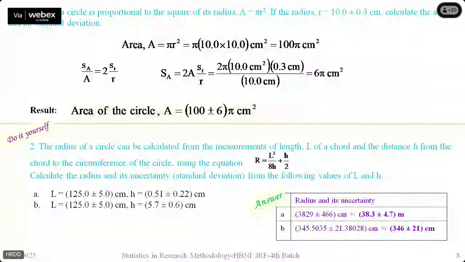Let me check one more. That I'll check and then the other. It is right only. I have taken it from some textbook. I will check.